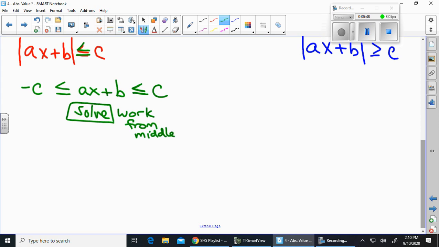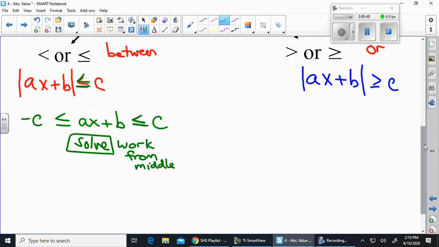So what am I going to do if it's greater than? If it's greater than or greater than or equal, I have an or. An or is two inequalities. So the first one is just what you see. Ax plus b is greater than or equal to c.